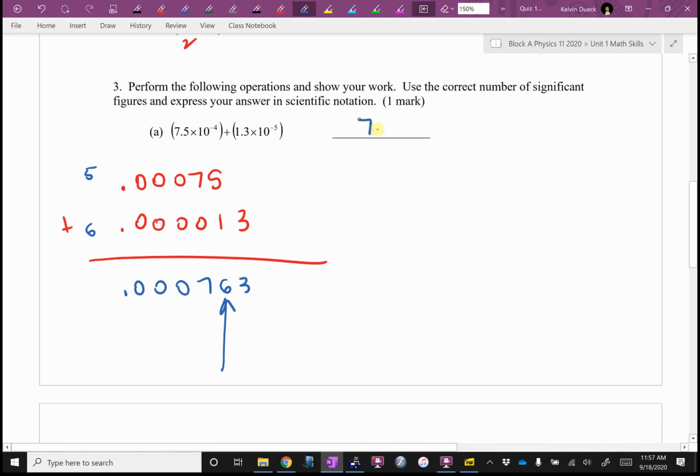Final answer, 7.6 times 10 to the negative 4. That's tricky. It's also a lot of work for just one question, Owen. If you got it right, then you're fine. By the way, there's a way to also do that without rewriting it. I can actually track it in my head. And if you can't, great. There's shortcuts for everything.